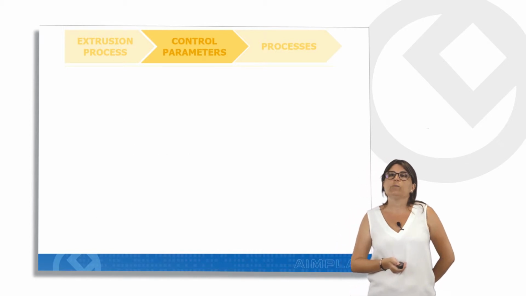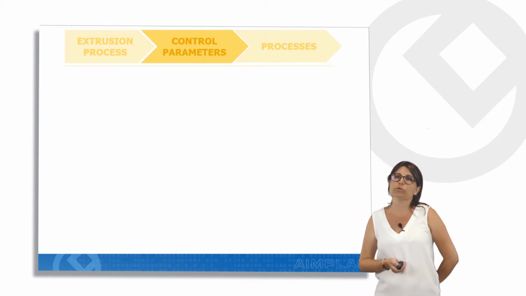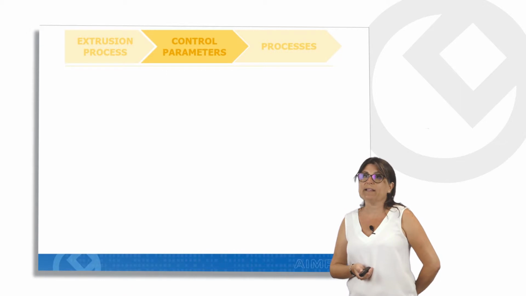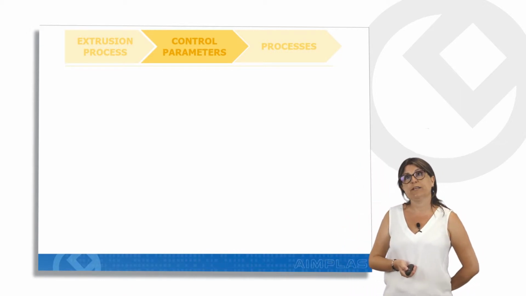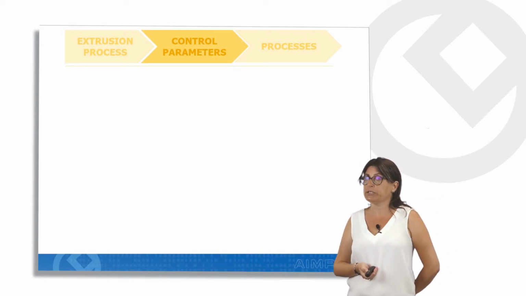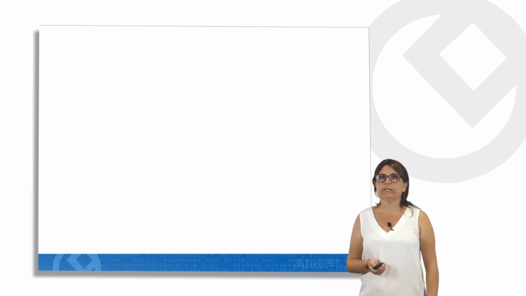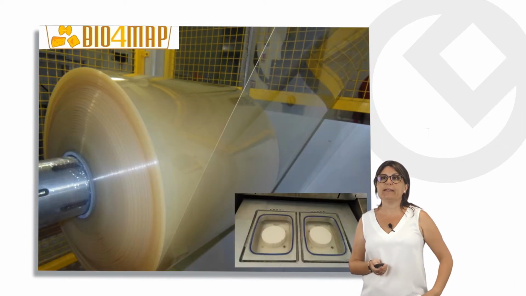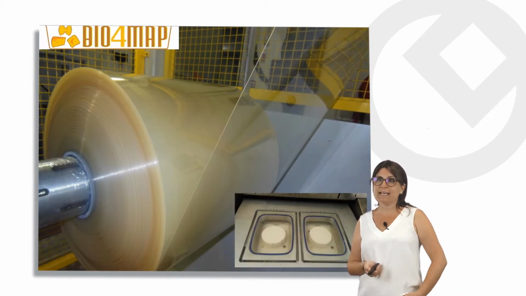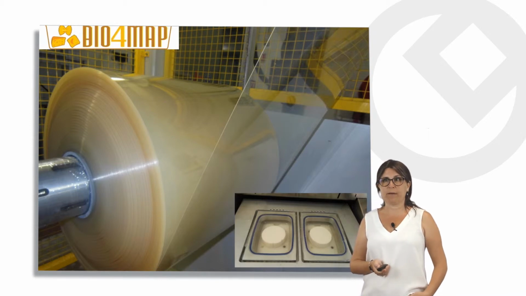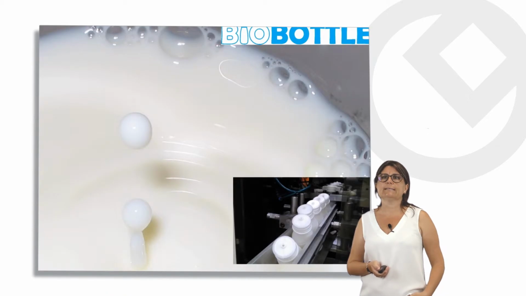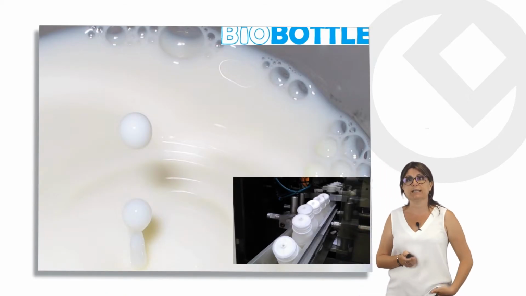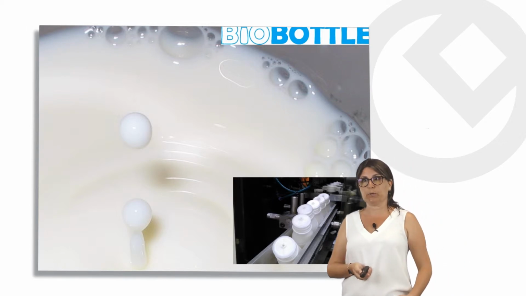At this point, I would like to show different products obtained in pilot plant facilities within different European, national and regional projects. For example, to obtain biodegradable sheets, to obtain trays in the Bioform MAP project. Another project is to develop new compostable material to manufacture bottles and pouches in the BioBottle project.